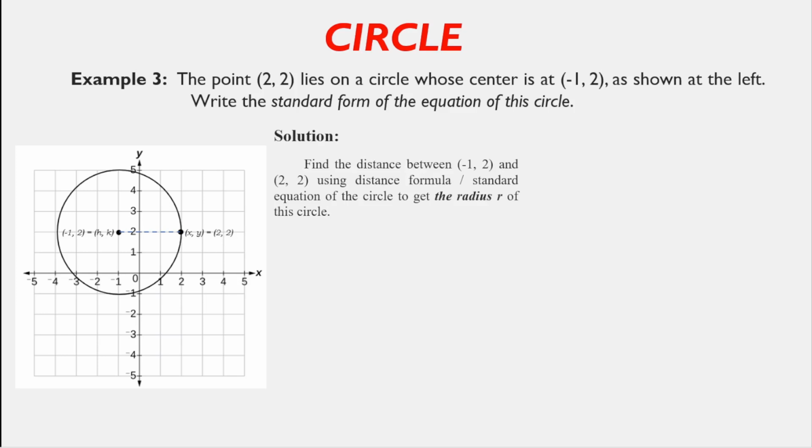So find the distance between (-1, 2) and (2, 2) using the standard equation of the circle to get the radius. Our (h, k), which is the center, is (-1, 2). Our (x, y) is (2, 2).